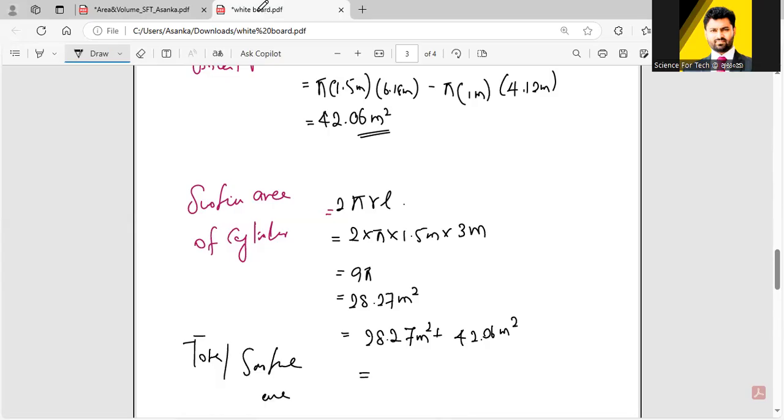It is 70.33 square meters. This is the answer.